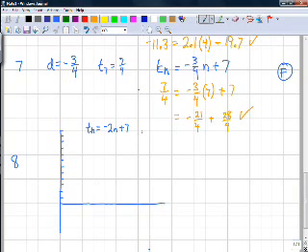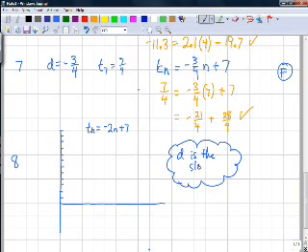Let's see if it works. Does it not? Maybe it is a typo. Definitely should be minus, shouldn't it? Let's say they made a typo.